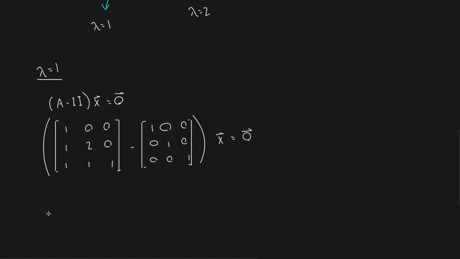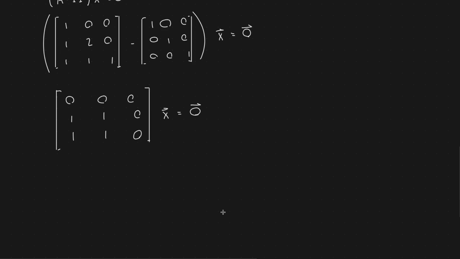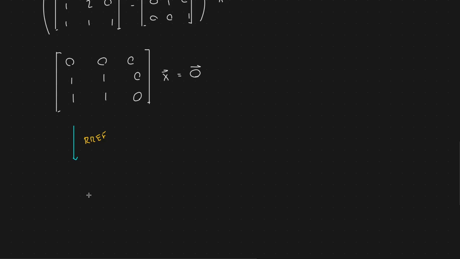Doing the matrix subtraction, I get 0, 0, 0, 1, 1, 0, 1, 1, 0. This one's simple enough that you could probably find the reduced row echelon form in your head. The reduced row echelon form of this is going to be 1, 1, 0, 0, 0, 0, 0, 0, 0.